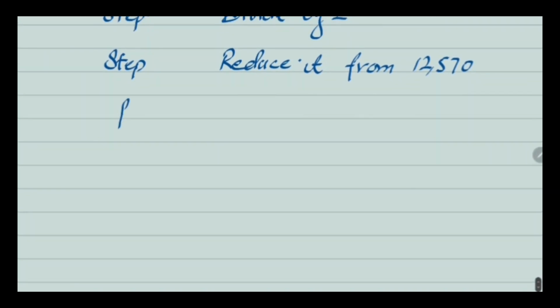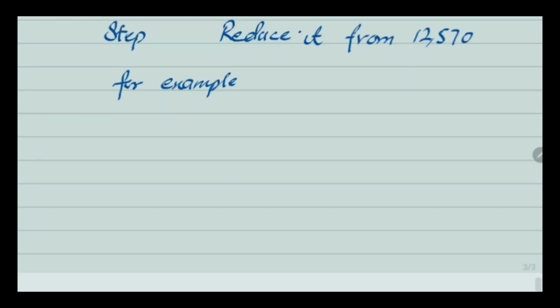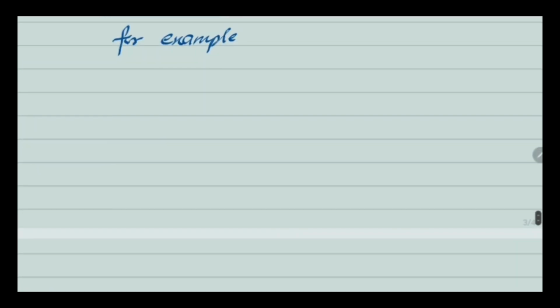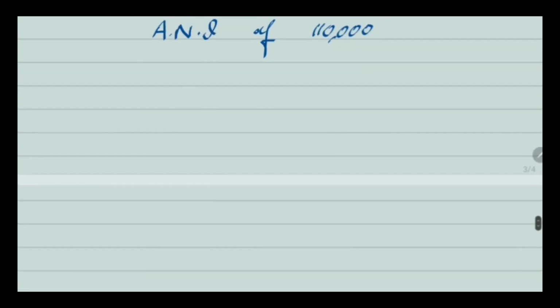For example, if a person has adjusted net income of 1,10,000, then in accordance with this stepwise approach, in the first step, we identify how much adjusted net income is in excess of 1 lakh. So 1,10,000 minus 1 lakh gives the excess amount of 10,000.